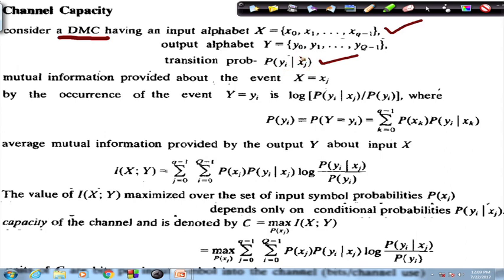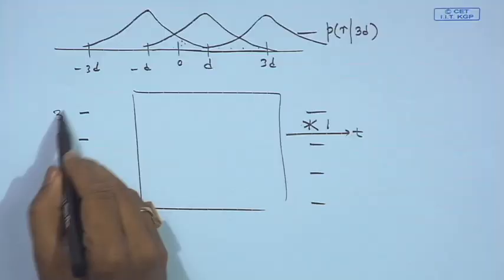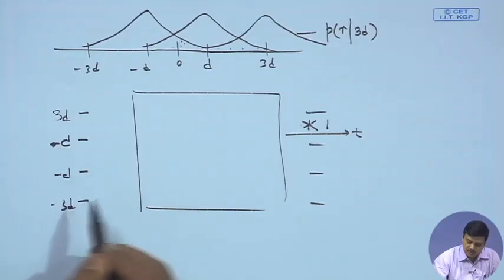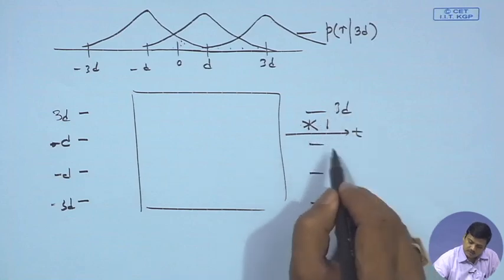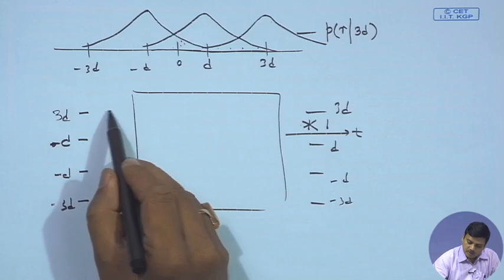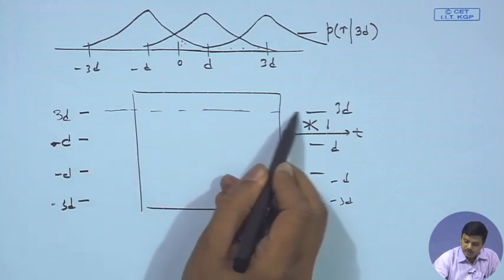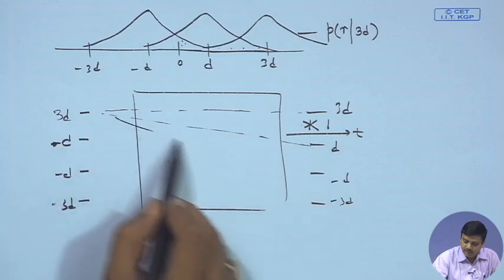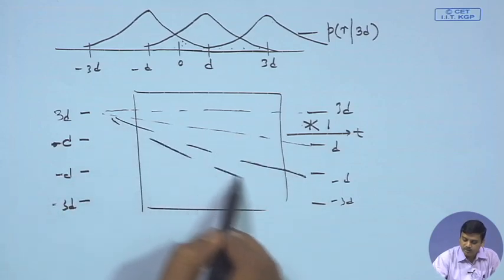Suppose I have the points 3d, d, minus d, minus 3d, and here also we have 3d, d, minus d, minus 3d. We are talking about what is the probability that 3d remains 3d, the probability of being correct, and the probabilities of being in error.